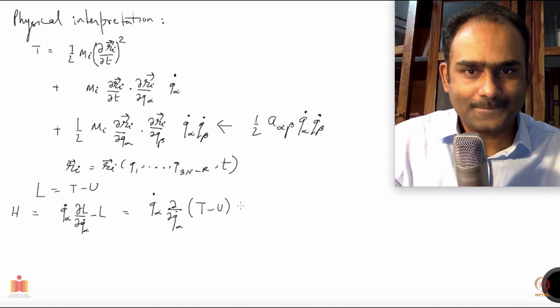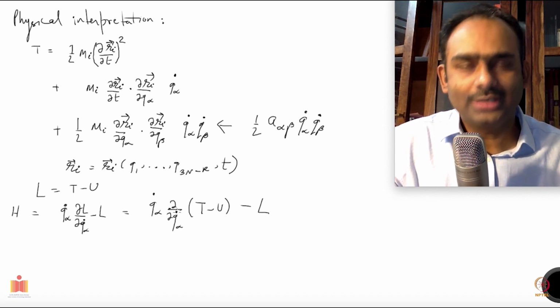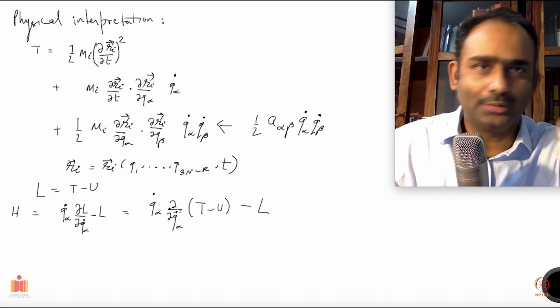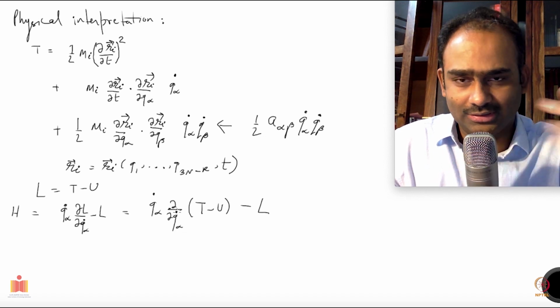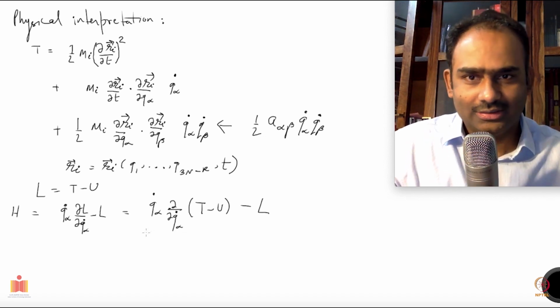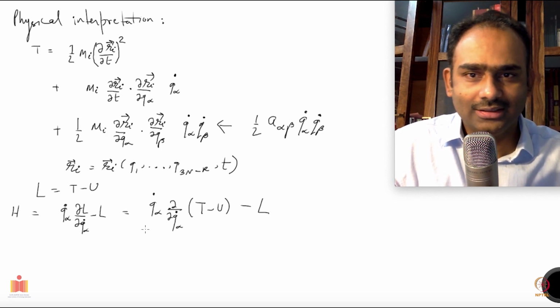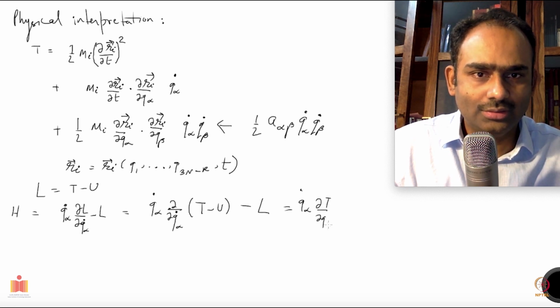Now your U does not depend on generalized velocities. So I'm not looking at those cases where your potential could depend on generalized velocities, for example, electrodynamics. That is not being considered here right now. If that is the case, then this is simply q̇_α ∂T/∂q̇_α minus L.